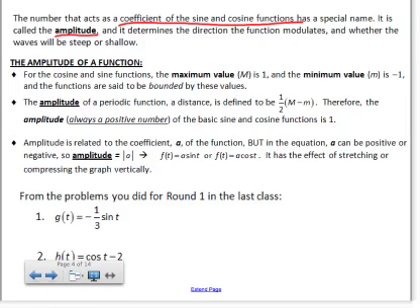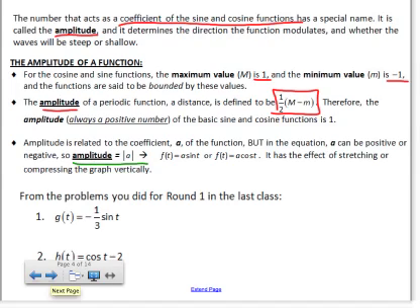Our minimum value is -1, of course, unless we change what we're multiplying by. And the amplitude can be found by taking 1/2 of the maximum minus the minimum. Okay? Notice, since you're always taking a bigger number and subtracting a smaller number, amplitude is always positive. Now, it's always a positive number.